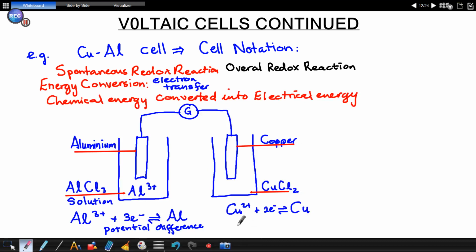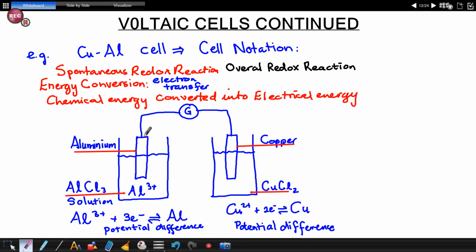So once again, there's a potential difference between the solution and the solid. Now this solid we call the electrode, and the solution we call the electrolyte.